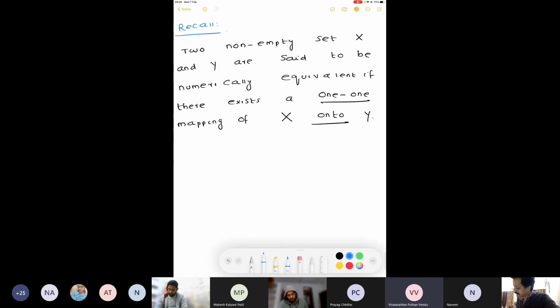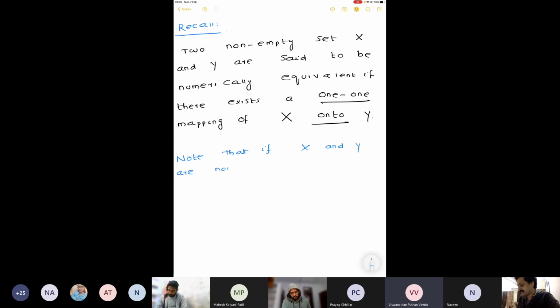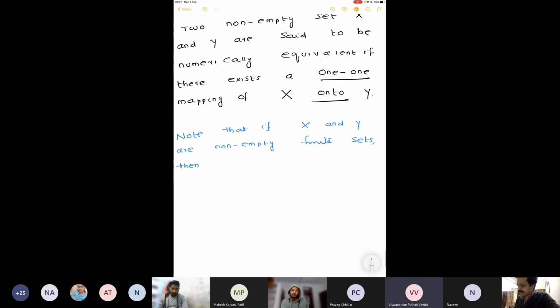Note that if X and Y are non-empty finite sets, then they are numerically equivalent if and only if they have the same number of elements.